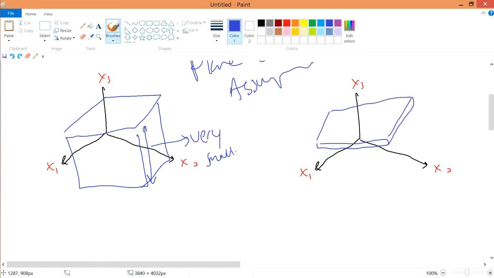Way too small. We will have a sigma 22 and a sigma 11 only. And now the big surface area is what we are left with, where sigma 33 is over here, the stress 33.